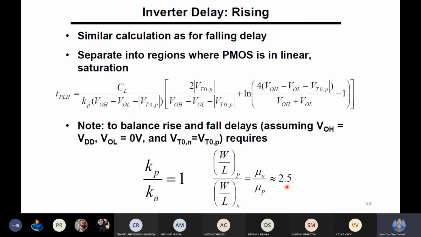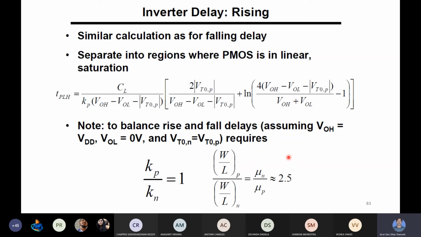So this is why generally we keep the width of the PMOS transistor 2 times the width of the NMOS transistor. It is not exactly 2.5, but during design generally we consider 2 times, or maybe more accurately we can consider 2.5 times.